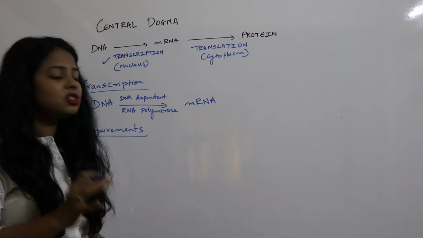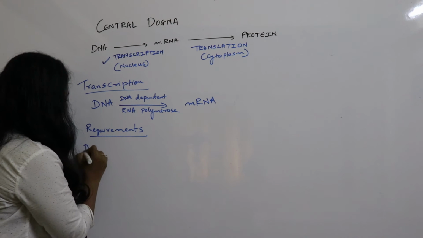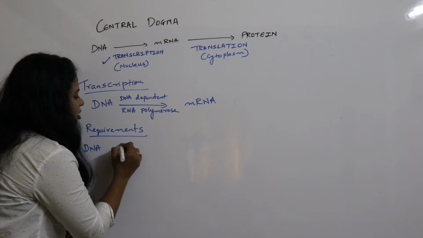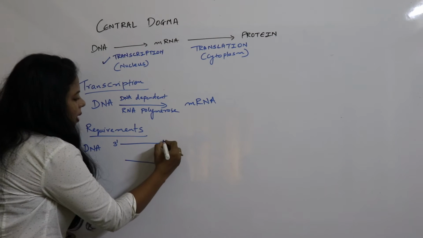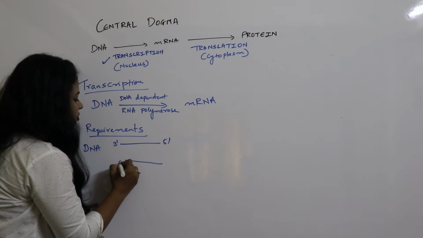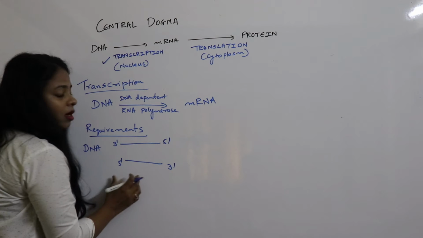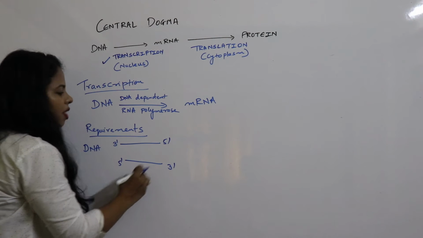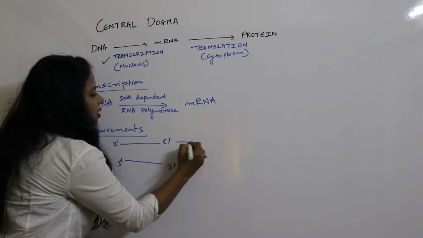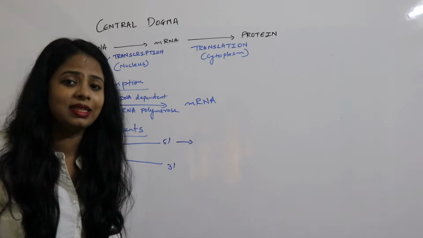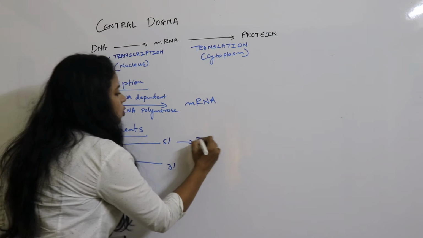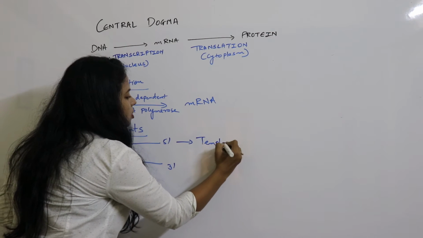Right, now it starts with DNA, right? So DNA has 2 strands. The one strand runs from 3' to 5', another from 5' to 3'. Out of these 2 strands, 3' to 5' is the strand on which your RNA is going to be synthesized. So this strand is known as template strand.